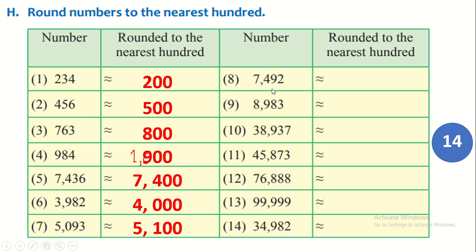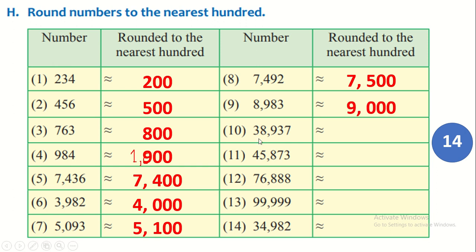And number 8. 7492. Nearest hundred here is 4. Next is 9. 7500. 8983. You round this to 9000.